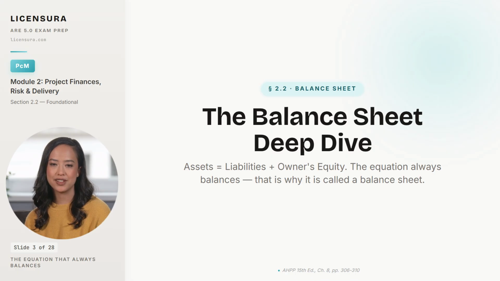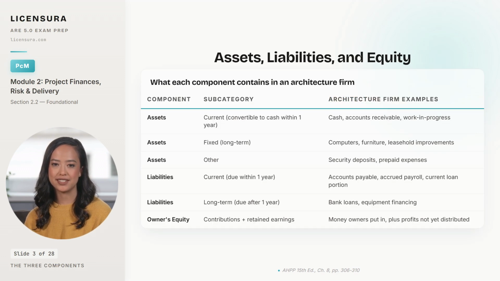Walk through the three components: assets, liabilities, and equity, and what each one actually contains for an architecture firm. Three components, each with its own subcategories. Assets split into current, fixed, and other. Current assets are anything you can convert to cash within a year.